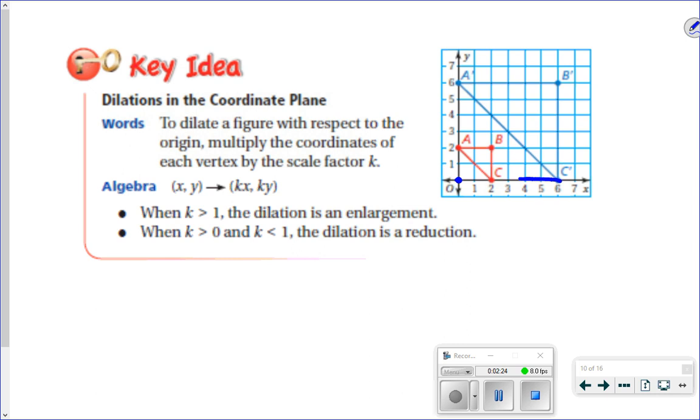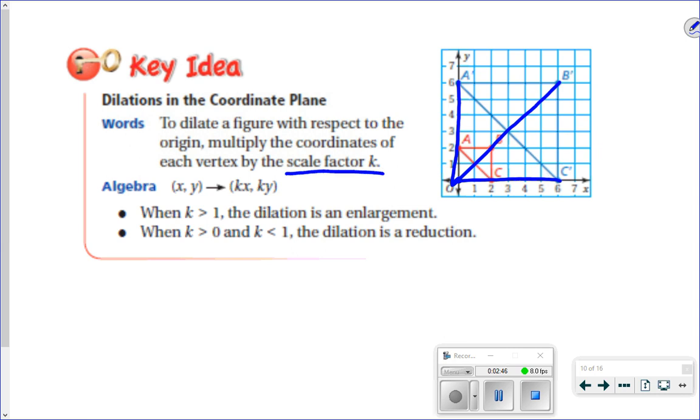If we connect those corresponding sides, so the C's and the B's and the A's, those all connect at our center of dilation. When we want to know what my new points are going to be, we're going to multiply by whatever our scale factor is. Here they're calling the scale factor K.